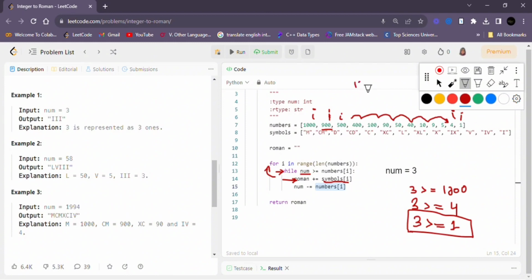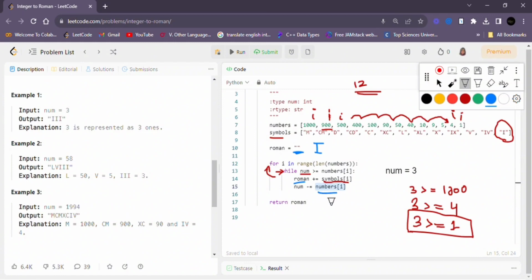At the 12th index on symbols, the symbol is I. It will store that symbol into Roman, in that empty string. Now we have I in Roman for the first iteration.